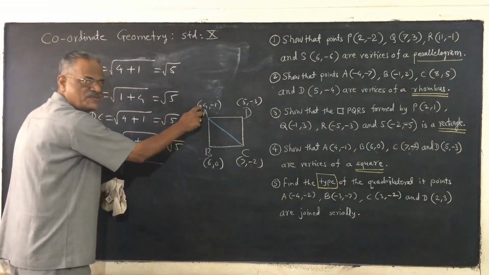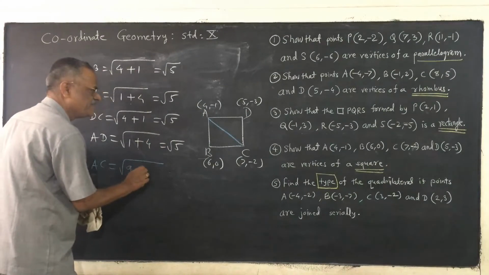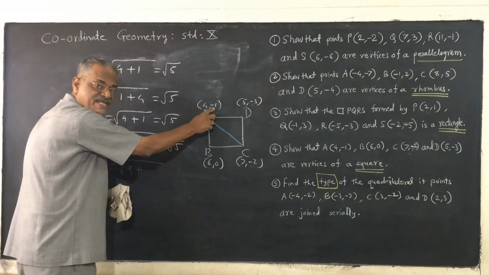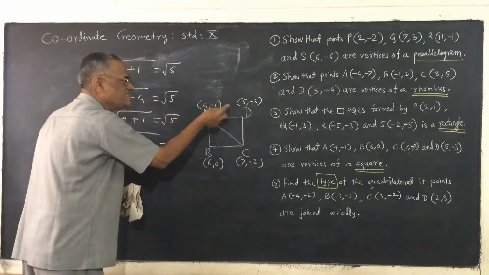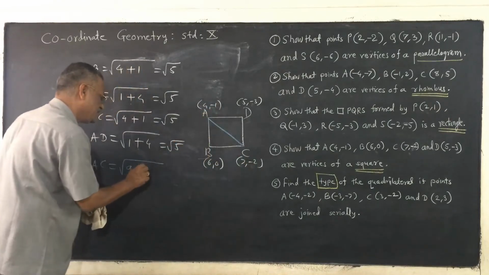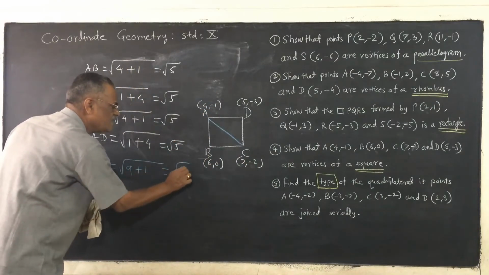7 minus 4 is 3, and 3 square is 9. Then take the difference, minus 2 minus minus 1, it will become plus, so minus 2 plus 1 is minus 1, and its square is 1. It is under root 10.